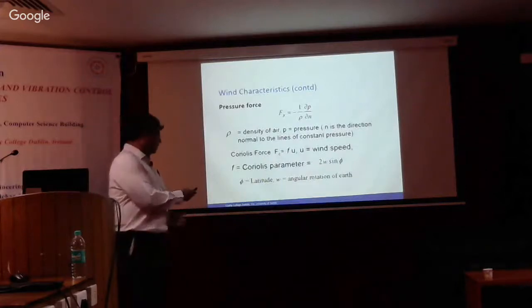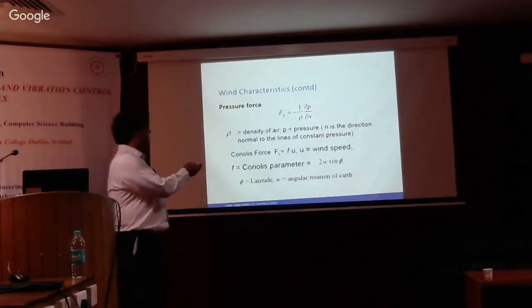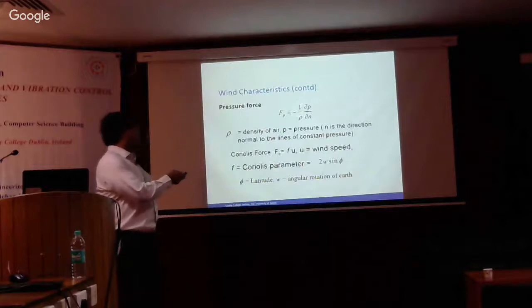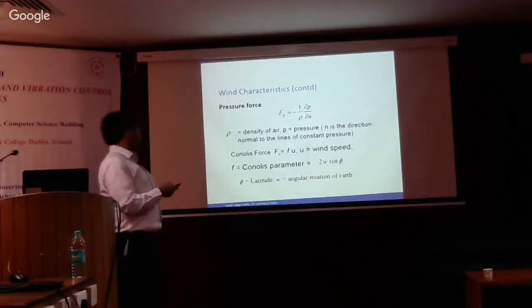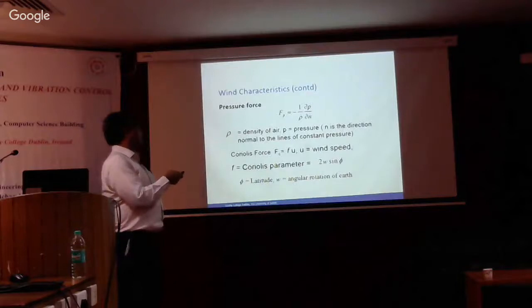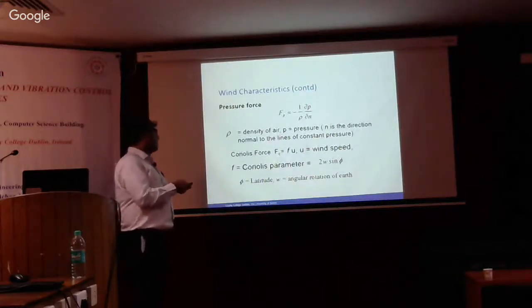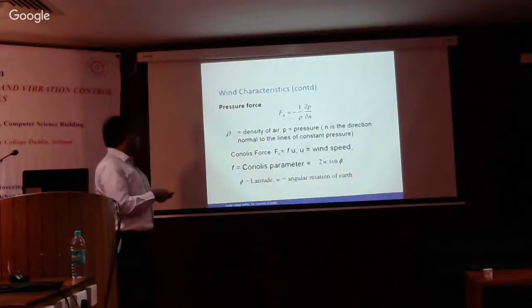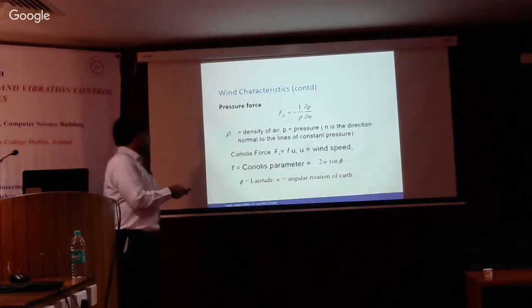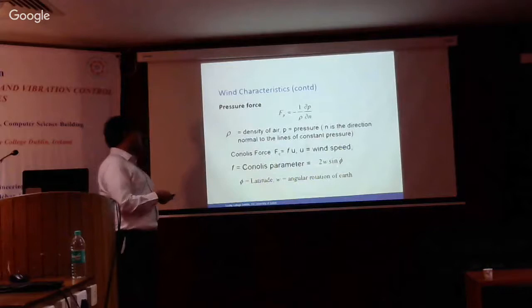First one is the pressure force. The pressure gradient, del P del N, times 1 over rho is proportional to the pressure force, so it's minus 1 over rho del P del N. Meaning that as the pressure increases, the force will decrease, or vice versa. And the Coriolis force Fc is given by f times U, where f is the Coriolis parameter and U is the wind speed. The Coriolis parameter is defined as 2 times omega times sine phi.